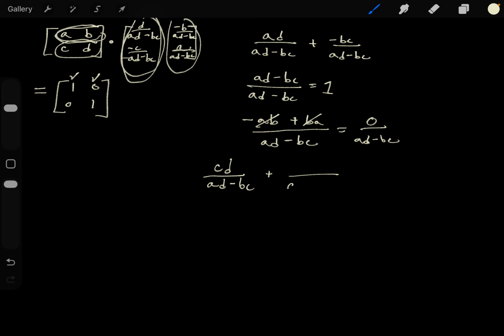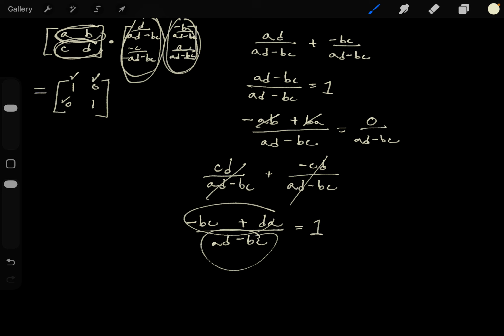plus something over AD minus BC. What is it? It's D times negative CD, and then of course this is just the opposite, so I get a 0 here, and then this times this one, right, is negative BC plus DA over AD minus BC, but you should see that these two things are actually the same, so they equal 1.